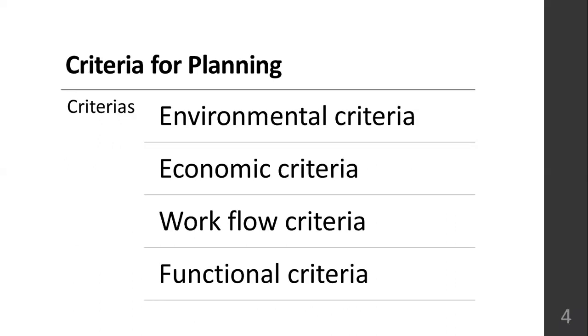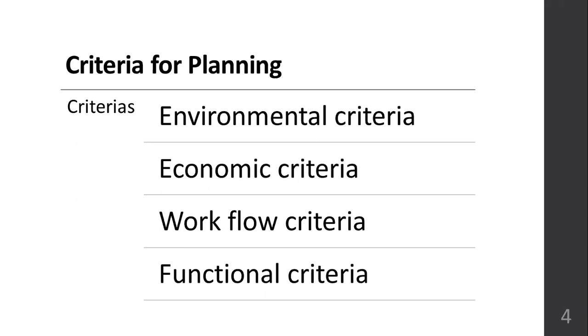Criteria for planning OTs. First is environmental planning. You have to provide a safe environment for the patient as well as for the staff who are working in the OT. Economic criteria: optimization of the interpersonal relationship between financial areas and operating departments, so that no loss is accumulated by the OT complexes.